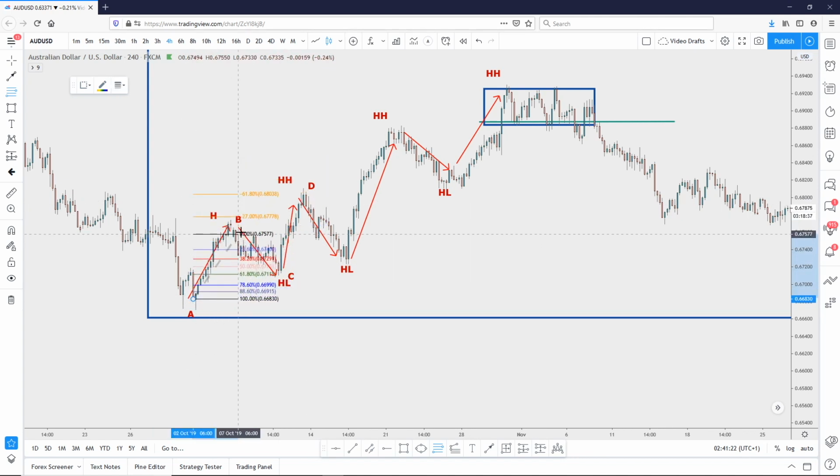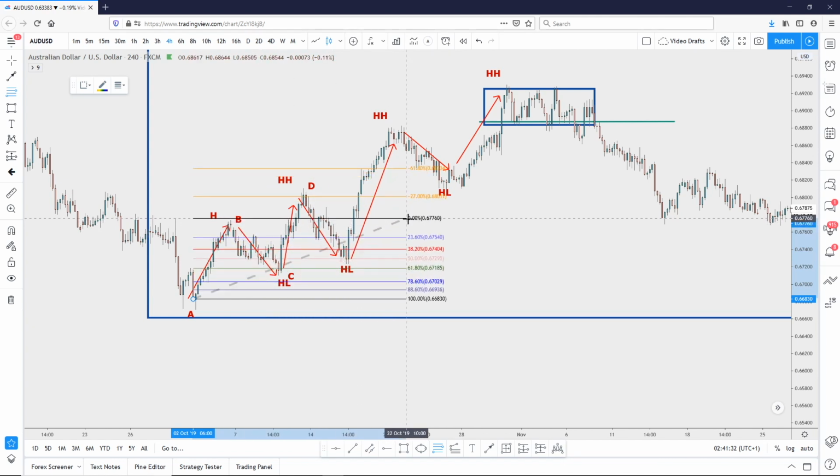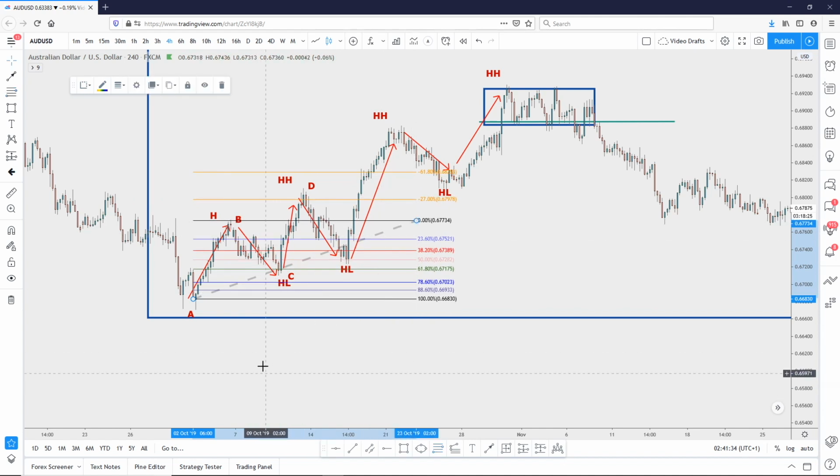Point A, I'm drawing it to point B. See right here? Point B is the top of this wick, but then I stretch it over to the right. So again, point A is where we started. Point B is where we dragged the retracement tool to. And then after that's a two click motion.